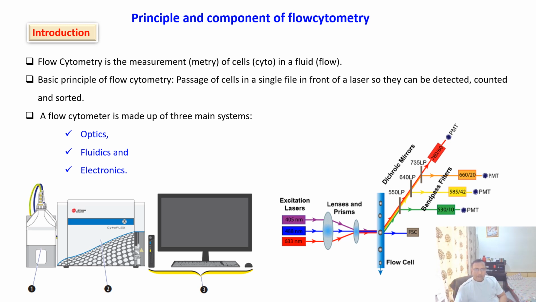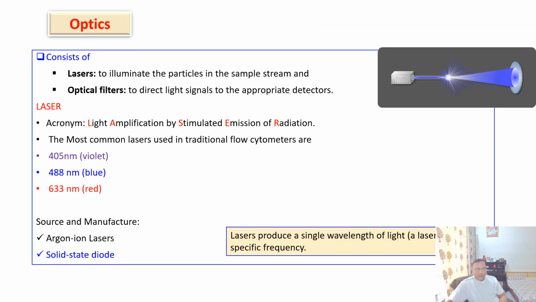So mainly the flow cytometer is made of three main systems. First is the optical system, then the fluidic and electronic systems. The optical system consists of lasers, mirrors, and filters.